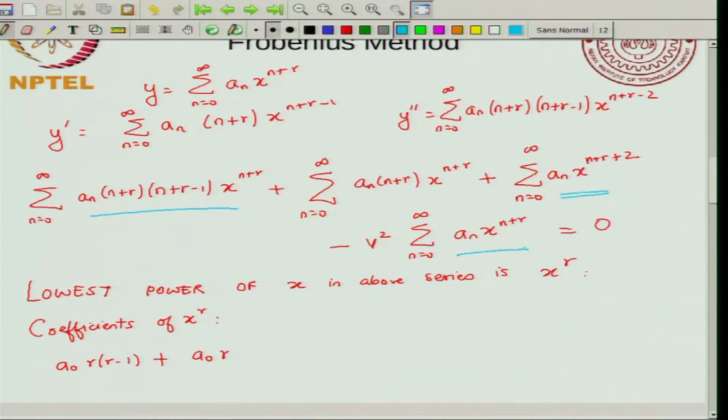What about this last term? The last term will contribute to x raised to r. So that will be minus v squared a0 x raised to r, and this has to be equal to 0. This is what is called the indicial equation.